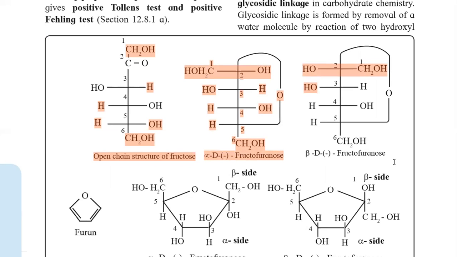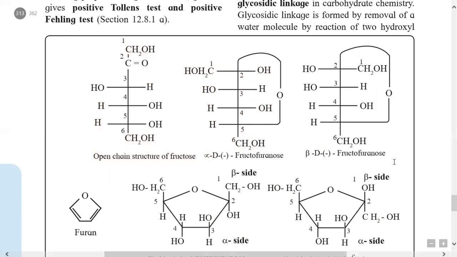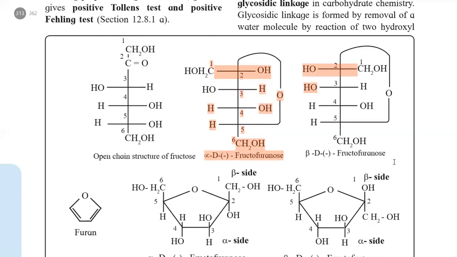So depending upon the OH group position on the second carbon, in one structure it is to the right side and in the other structure it is to the left side. Depending upon this, it is called an alpha anomer and a beta anomer.